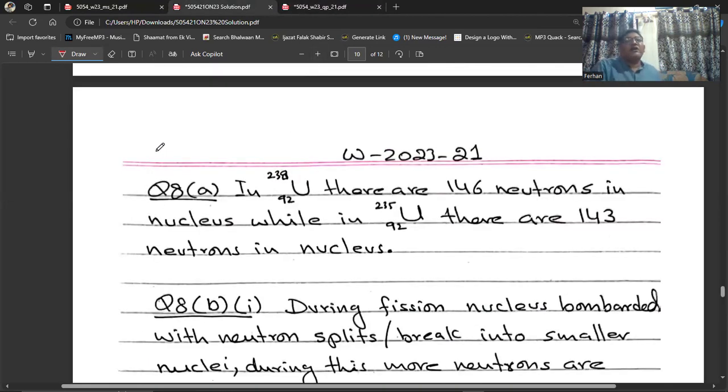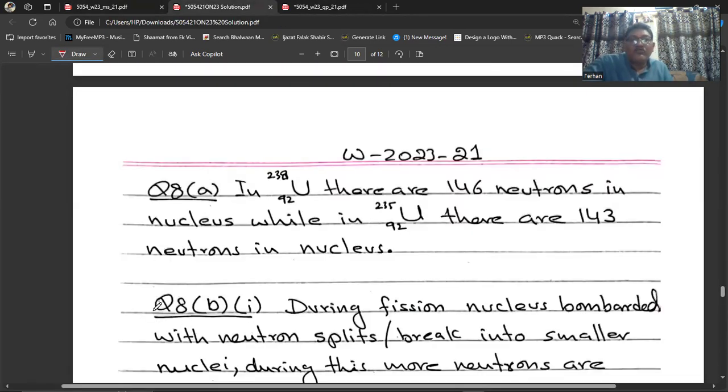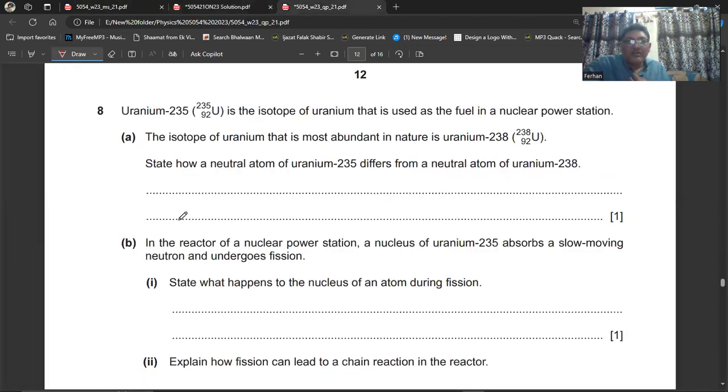In uranium-238, there are 146 neutrons in the nucleus, while in uranium-235, there are 143 neutrons in the nucleus. I hope you understand. This is their answer. So this is my answer.